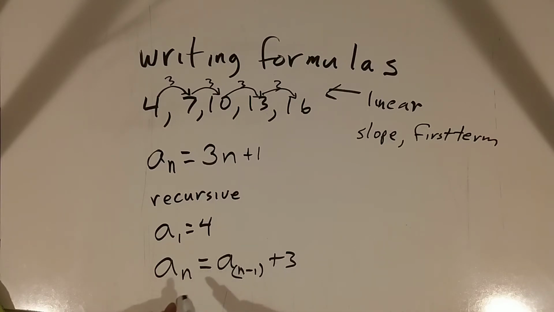Let's see if this works. A sub 1 equals 4, a sub 2 equals a sub 1 plus 3, which is 4 plus 3, which is 7. A sub 3 is going to be a sub 2 plus 3. That's going to be 7 plus 3, which is 10. And I'm generating the same sequence.